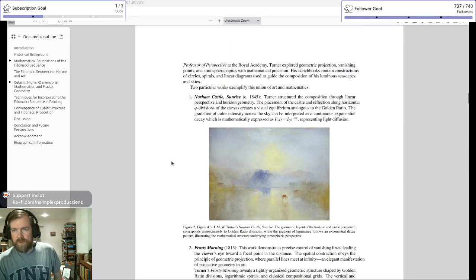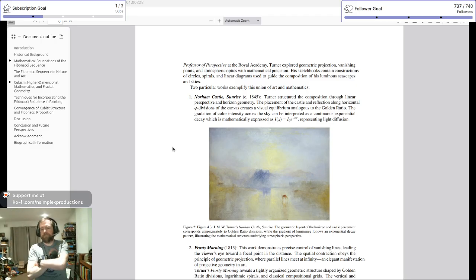Appointed professor of perspective at the Royal Academy, Turner explored geometric projection, vanishing points, and atmospheric optics with mathematical precision.